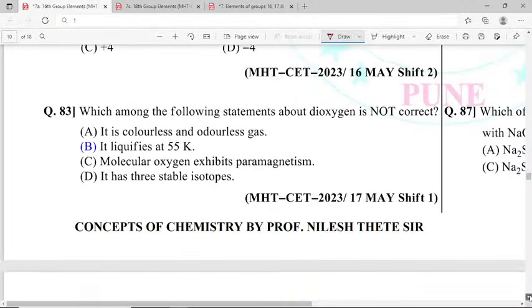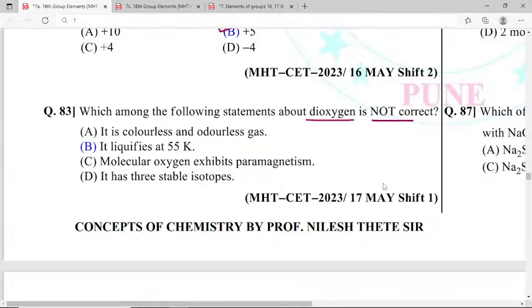Which statement about dioxygen is not correct? It is a colorless and odorless gas. Dioxygen is O2. Correct. It liquefies at 55 Kelvin?